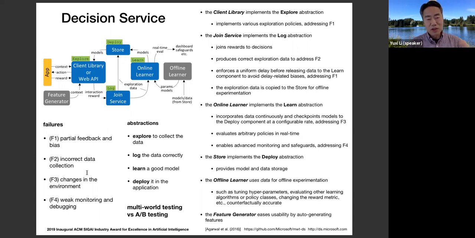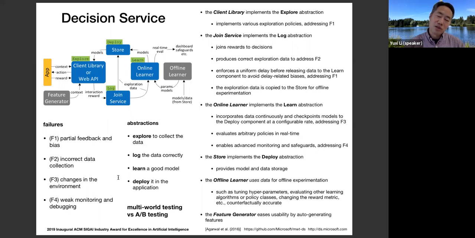So we need the reward. But in real life applications, sometimes the reward may be delayed. For example, we click a page, we may stay there for several minutes to read the news. So the reward may come several minutes or even hours later. So the system needs to handle this kind of delay.